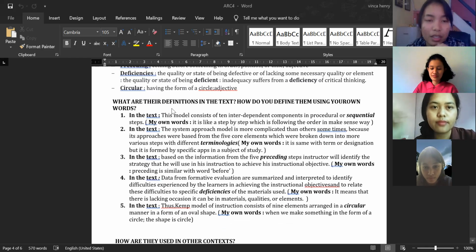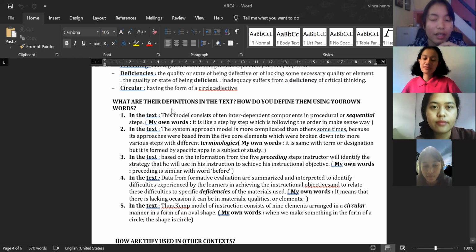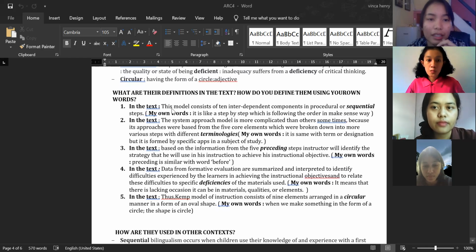And last one, circular, having the form of a circle. It is an adjective.